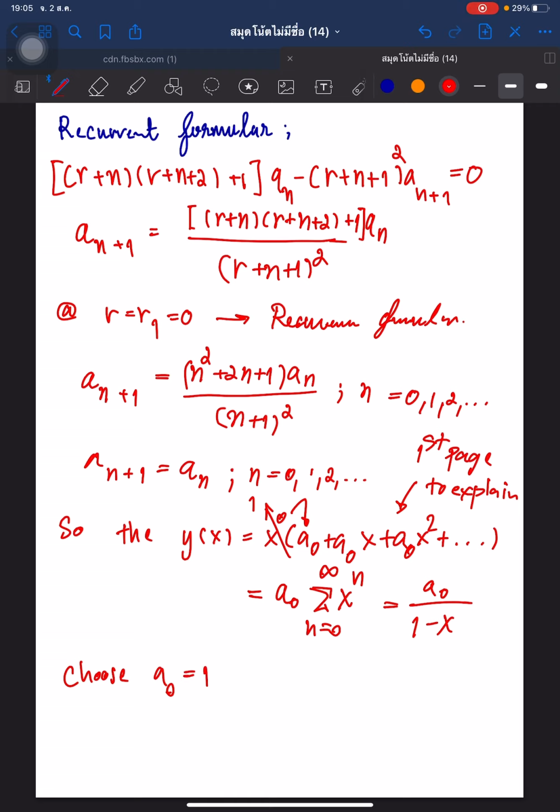We get y1 of x equal 1 divided by the bracket. Okay, we get y1 from the step.